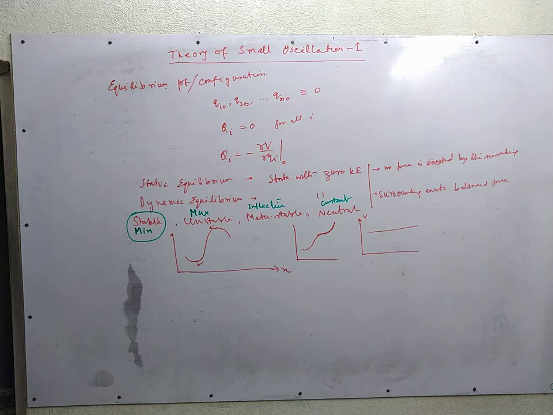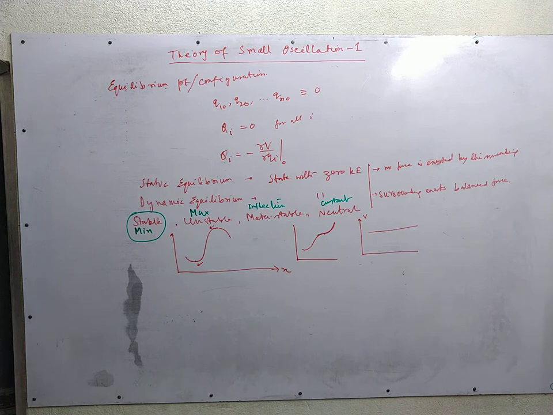That is, we set the first derivative of the potential to 0 to get the equilibrium configuration, and then we analyze whether the equilibrium configuration corresponds to a minimum or to a maximum.